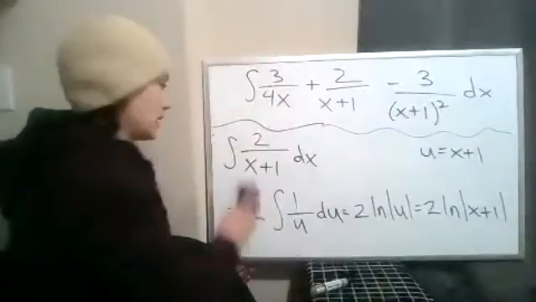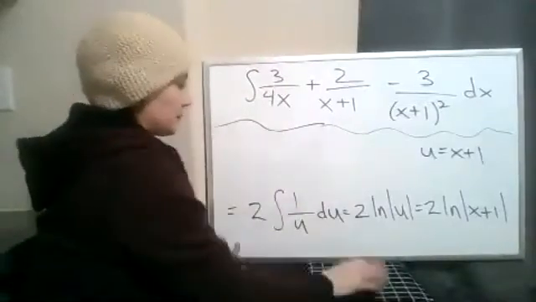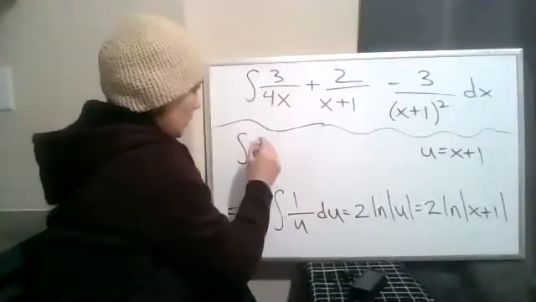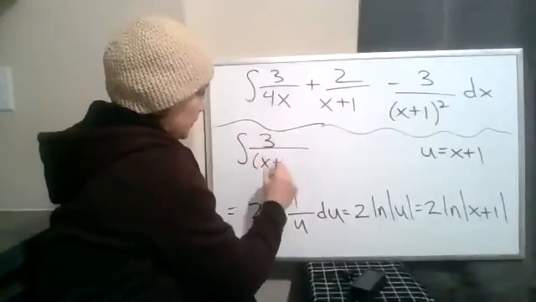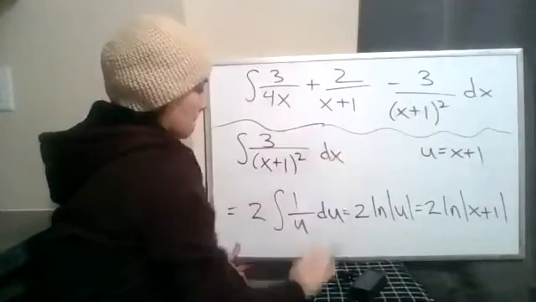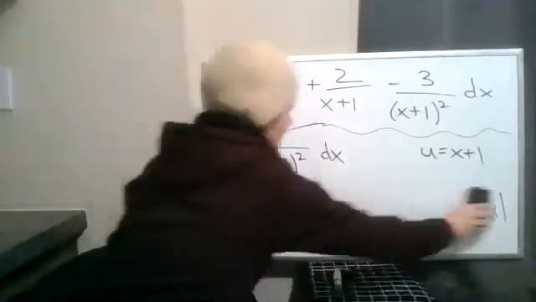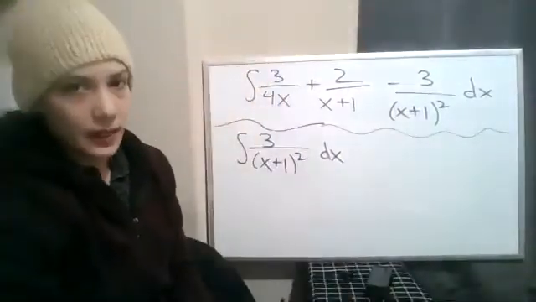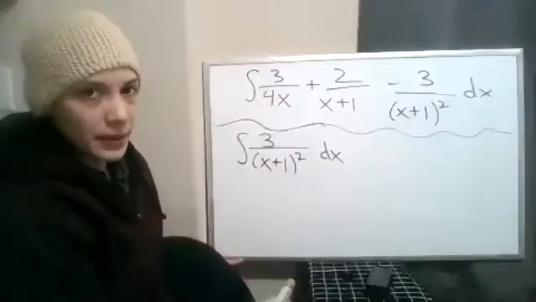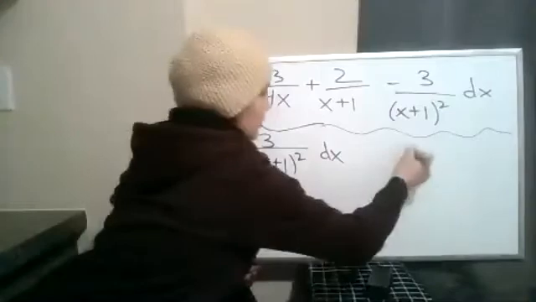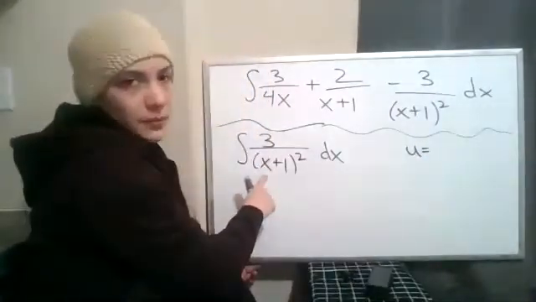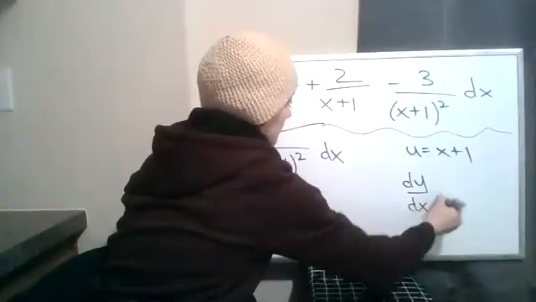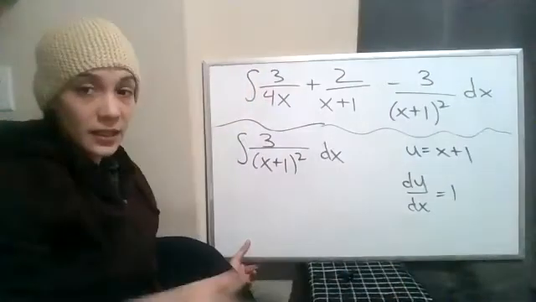Okay, last part is the integral of 1 over x plus 1 squared. We're going to have a u sub. You could pick a different letter, but just as scratch work, we have u equal to x plus 1. So we get du equal to dx.